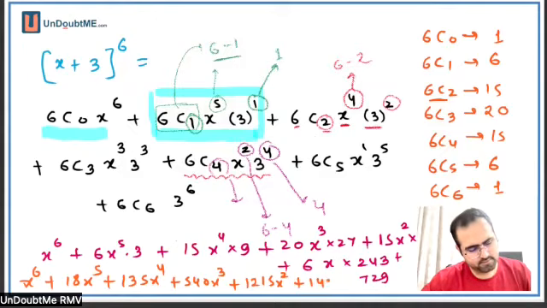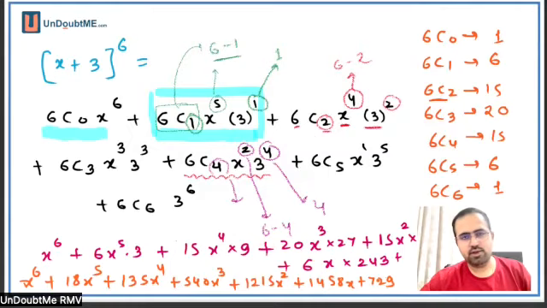Someone asked whether it is 243 or 234. 3 to the power 5 will be 243. So 1458x, and at last I have 729 only.